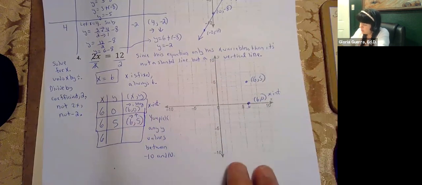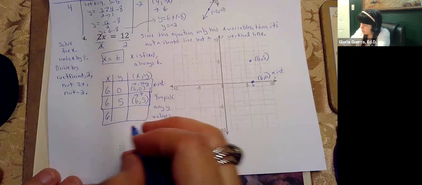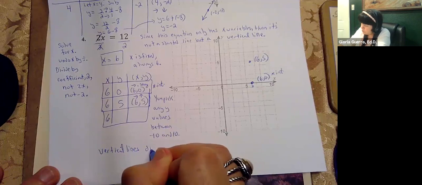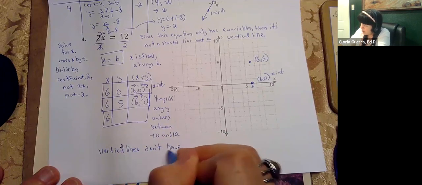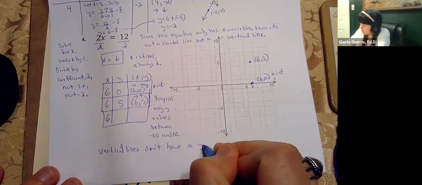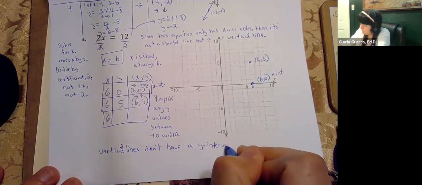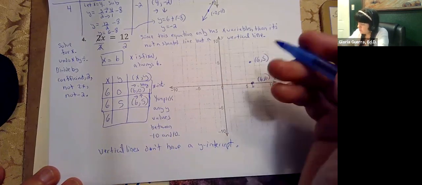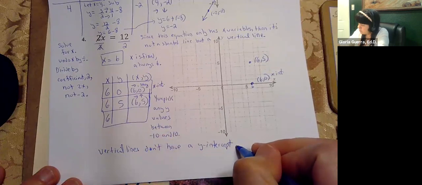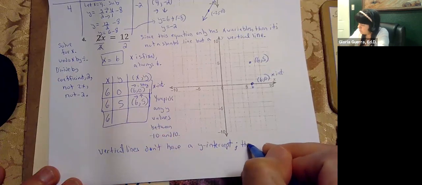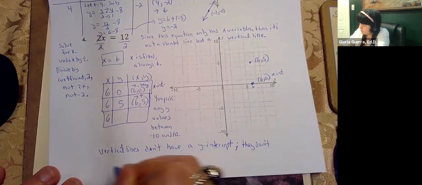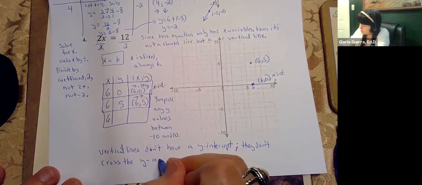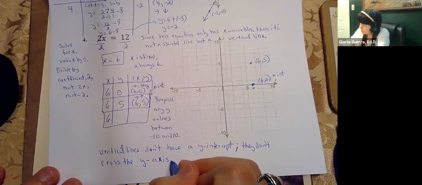And vertical lines don't have a y-intercept. Okay, they don't cross the y-axis, so they can't have a y-intercept.